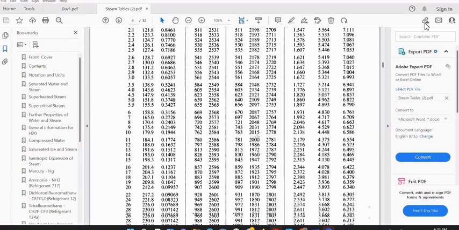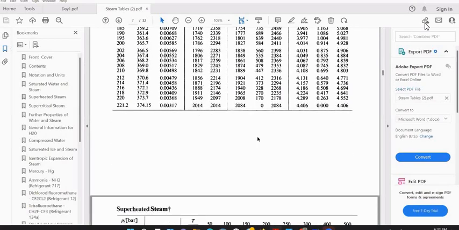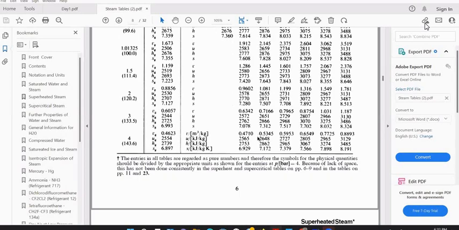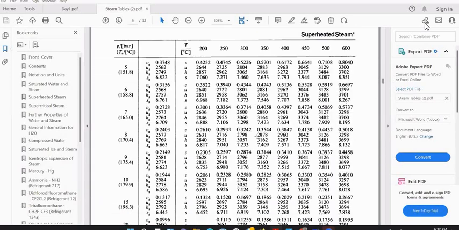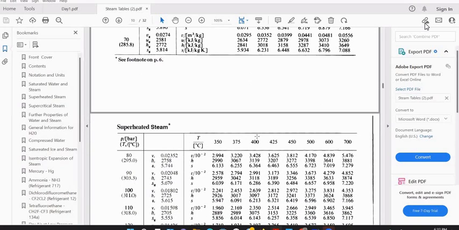This is saturated. Superheated. Value is 20 bar, 360 degrees centigrade. That is the page number.